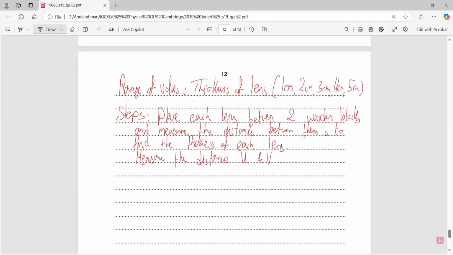But we have to say that we need to move the screen slowly until a clear image appears on the screen.